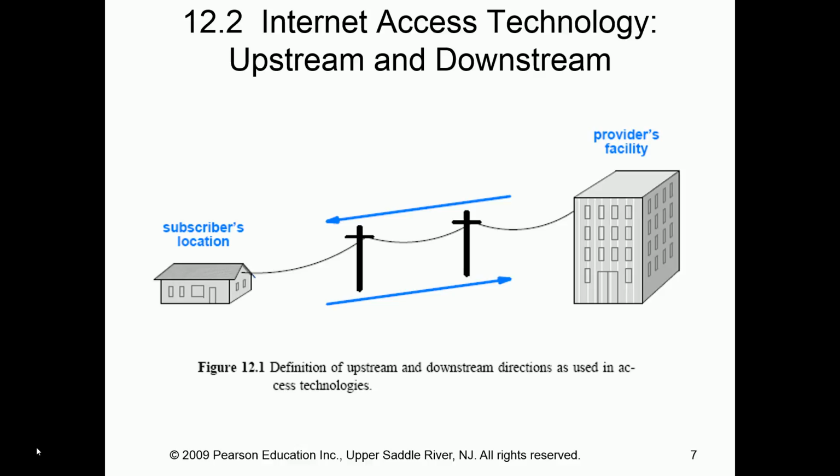The web server would upload your website to the ISP, and from the ISP to you would download it. So upload and download is very subjective, depending on the perspective that you're looking at. And what about from the ISP's perspective? That's a whole other argument that I'm not even going to touch. But a big part of this is just recognizing that upload and download are sometimes very subjective.